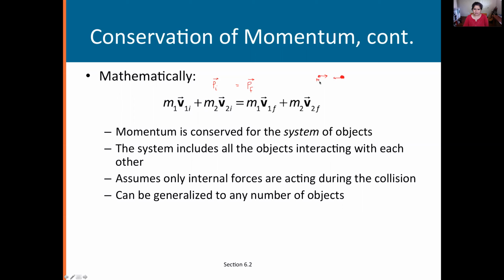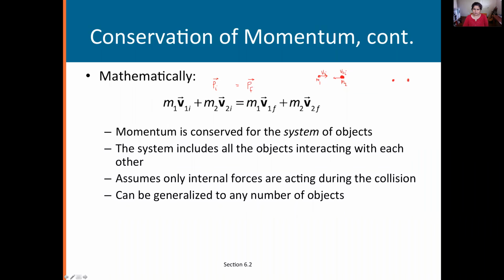I'm just making them of different masses. So let's say this is m1 traveling initially with some velocity v1 initial, and this is mass m2 traveling with some initial velocity v2 initial. So this is before collision. And after collision, a number of things may happen.